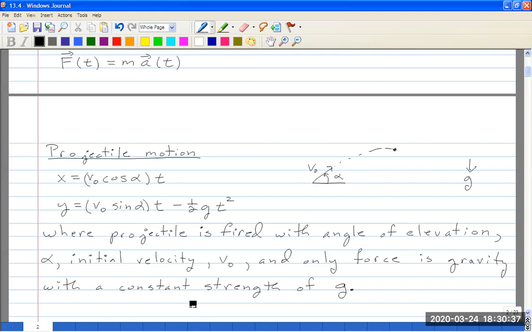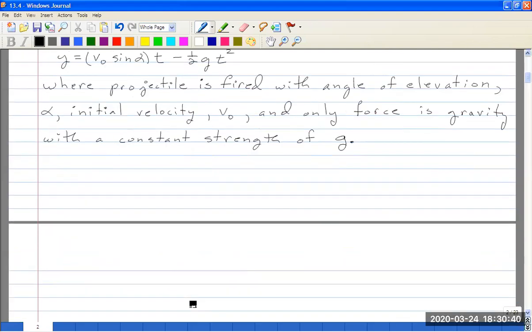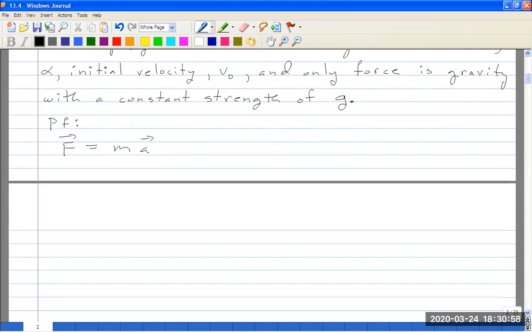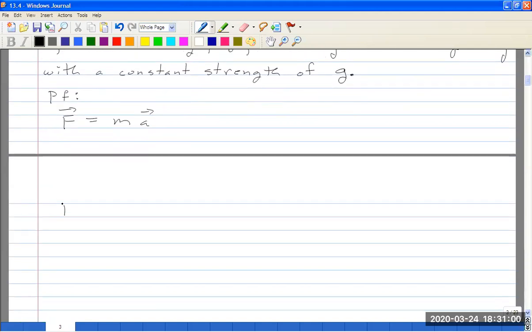So let's show this. Well, I know that force is equal to mass times acceleration. And so this downward force is just a negative, because it's downward, mg times j.